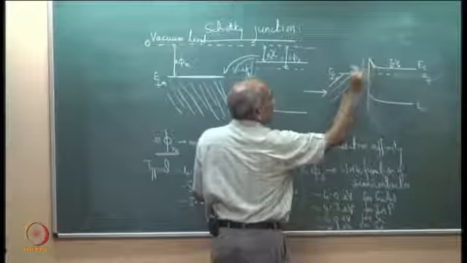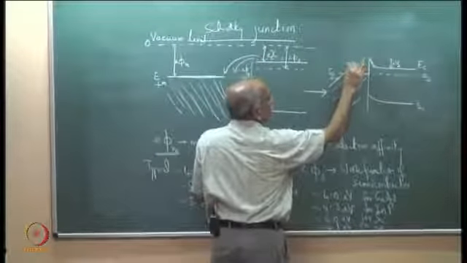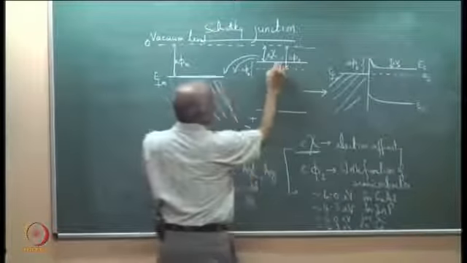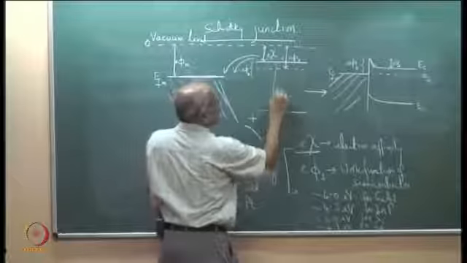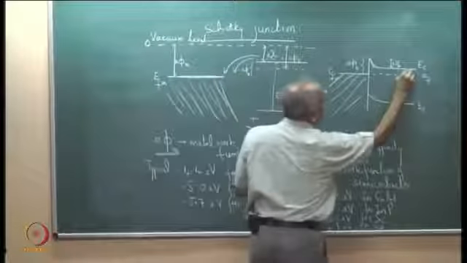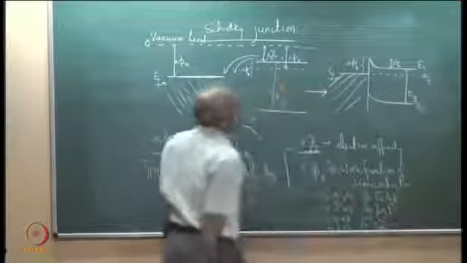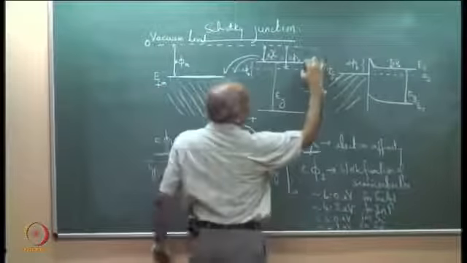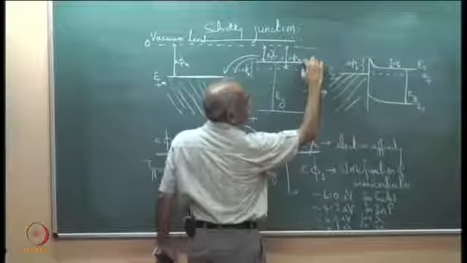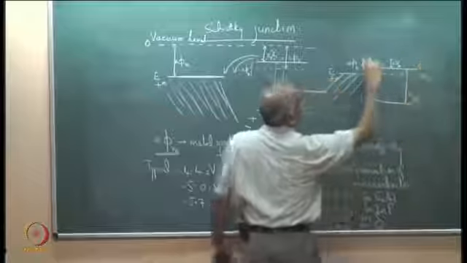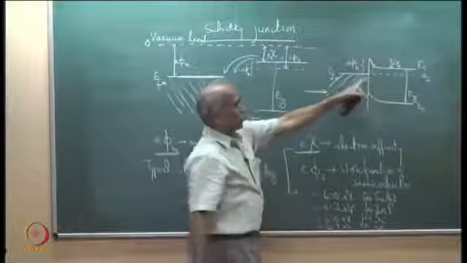This barrier is called the Schottky barrier, E phi b. Please see, if this is Eg, then this will remain Eg. If this is some gap far away from the junction, then the gap should be the same here. This is the barrier potential.